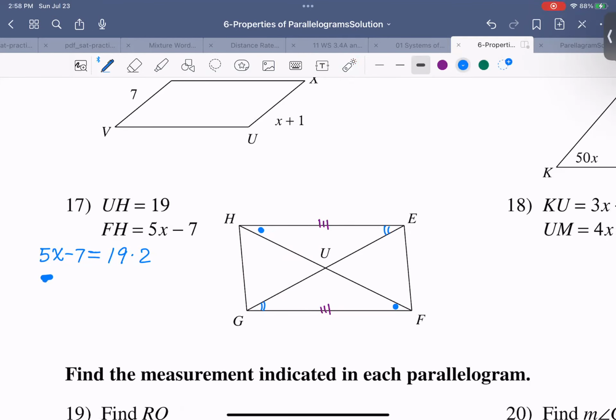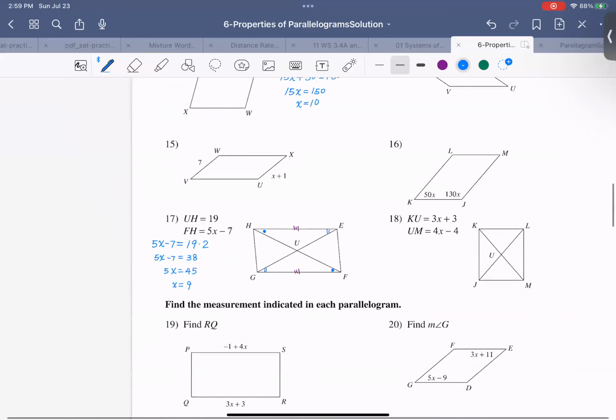Keep going. And then 5x minus 7 is equal to 38, and 5x is equal to 45, and x is equal to 9. Yes, very good.